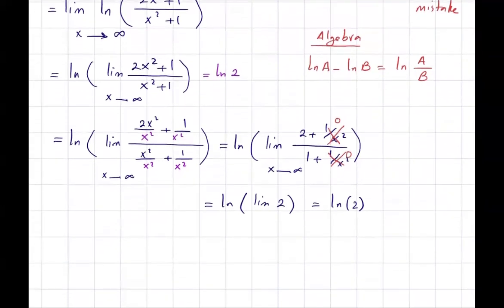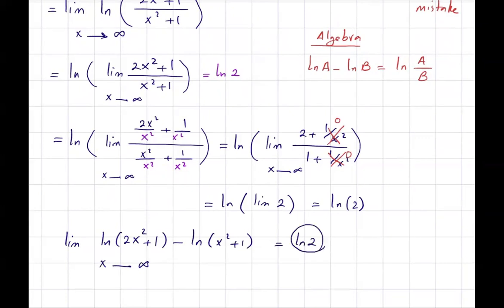It means that the limit of ln of 2x squared plus 1 minus ln of x squared plus 1 as x goes to infinity is nothing but ln of 2. The limit exists, it's a unique number, and this is the limit of this quantity.